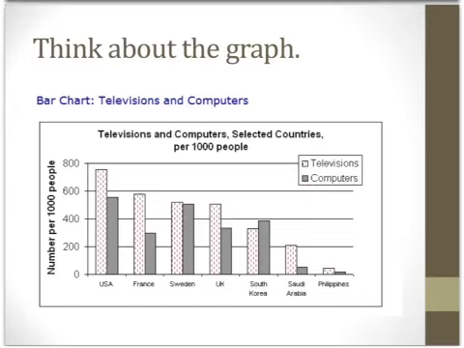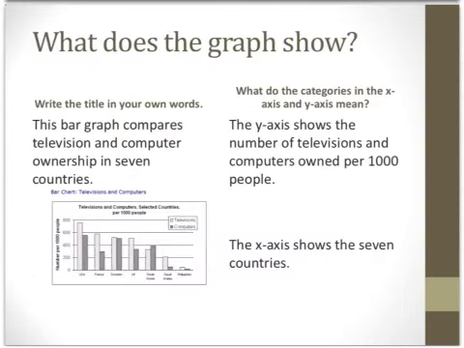So in this type of bar chart, you don't want to spend all your time explaining each individual bar. Rather, you want to show that in the graph, you have some countries like the Philippines with low television and computer ownership, some countries like the USA with high television and computer ownership, and countries like France, where more people own televisions and fewer own computers.